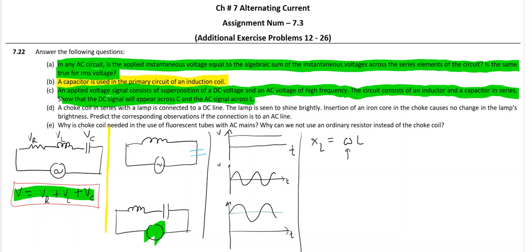So DC component will not appear across the inductor. Instead, it will appear largely across the capacitor, because if you take omega to be 0, XC will be infinite. So DC component will appear across the capacitor and AC component will appear across the inductor.